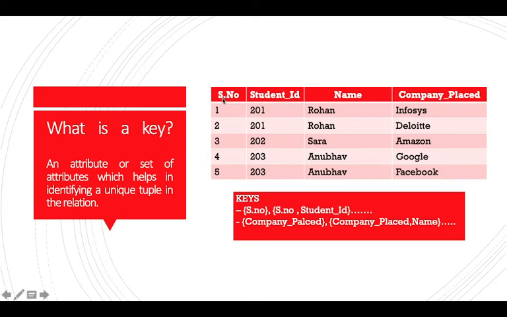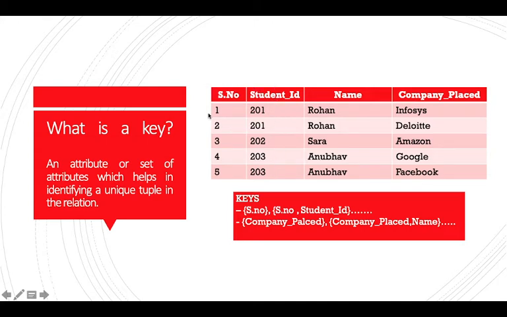Now a key can be an attribute or a set of attributes also. So if you consider the student ID, I can't treat this as a key because if I select 201, it is going to fetch me Rohan and Infosys, and it can also fetch me Rohan and Deloitte, right? So this can't fetch me a unique tuple here.